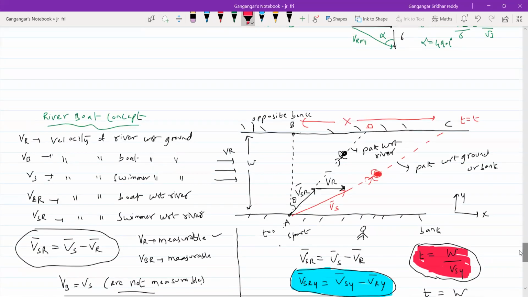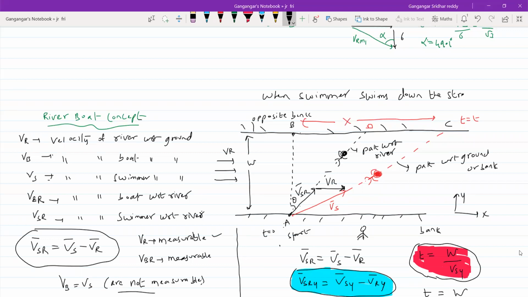When the swimmer swims down the stream, what do you mean by down the stream? Why should we call it like that?